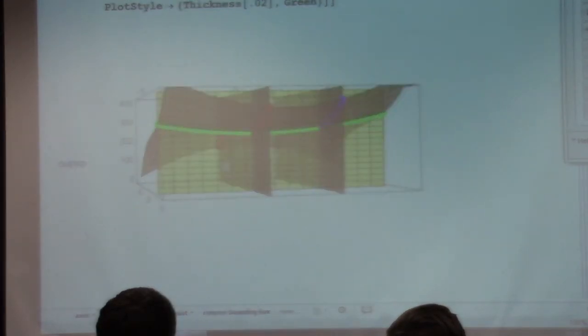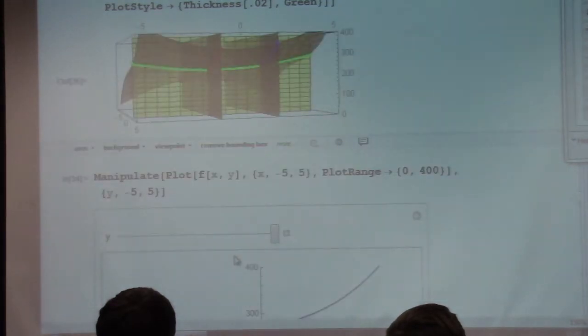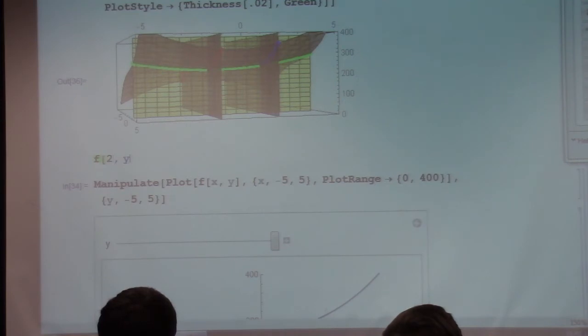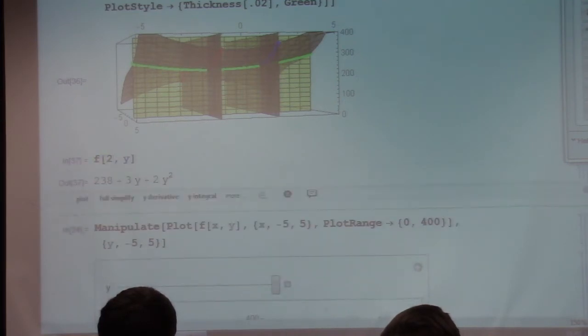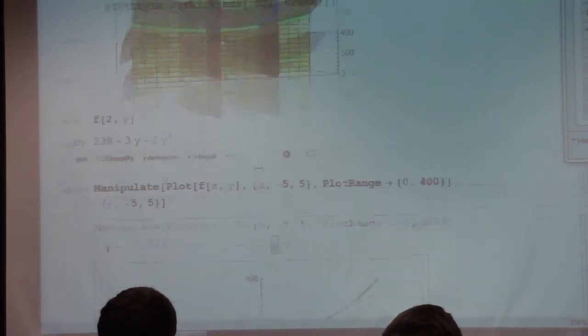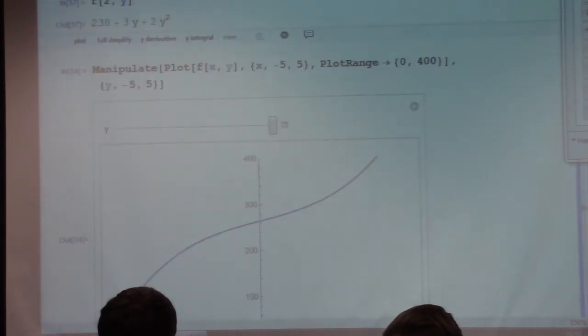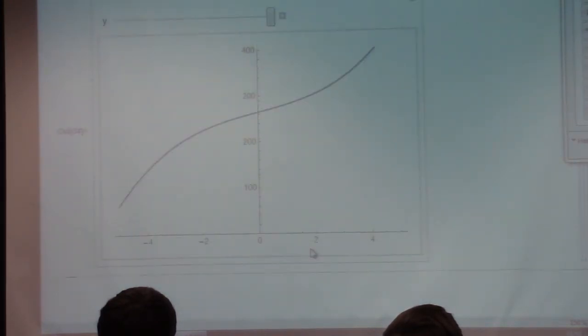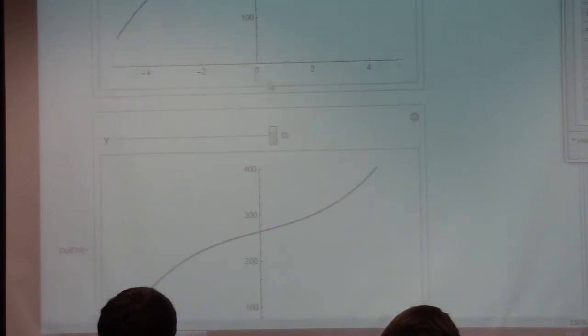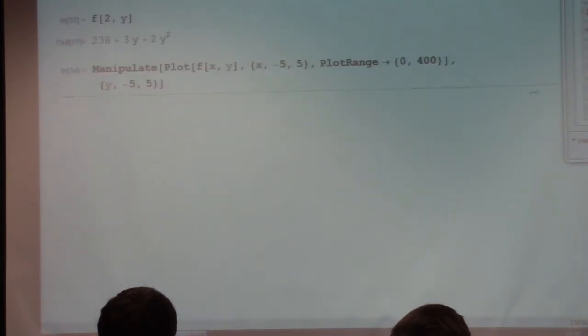And you can see that looks like a parabola. Is it quadratic? Yes, it is. f of 2 comma y is a quadratic function of y. And likewise, you can make an animation of those intersections in a yz plane. Oops, I copied and pasted the wrong thing here.